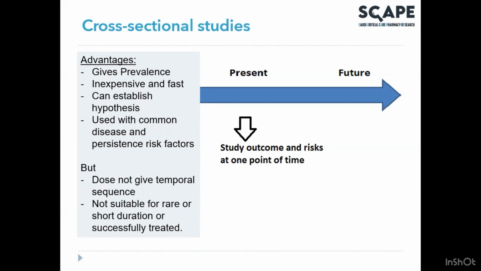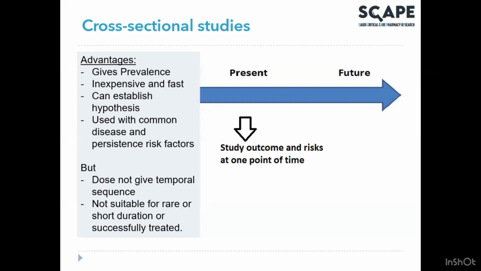The advantage of cross-sectional studies is that they give the prevalence. As we say, the prevalence is the number of people who have some kind of disease divided by the total participants in the research. So cross-sectional can give us the prevalence. It is inexpensive and fast.